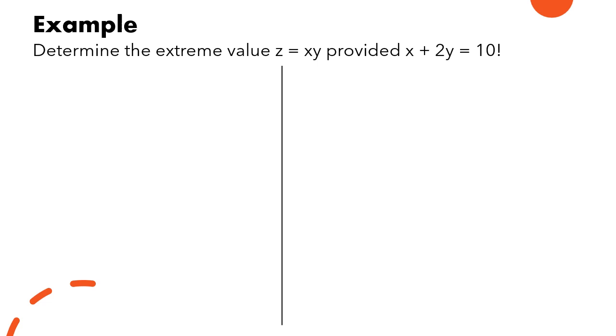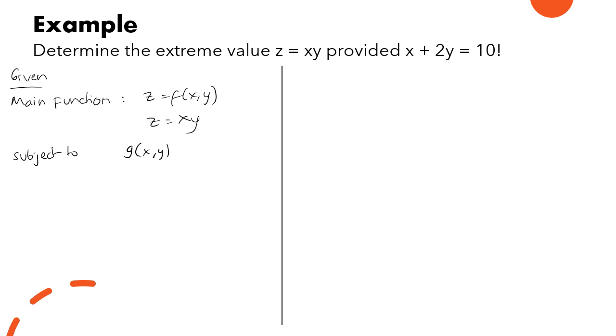So given here, our main function, or primary function, that we want to see what kind of value it has is z, which is xy, and this main function is subject to or constrained by g(x, y) equal to c.